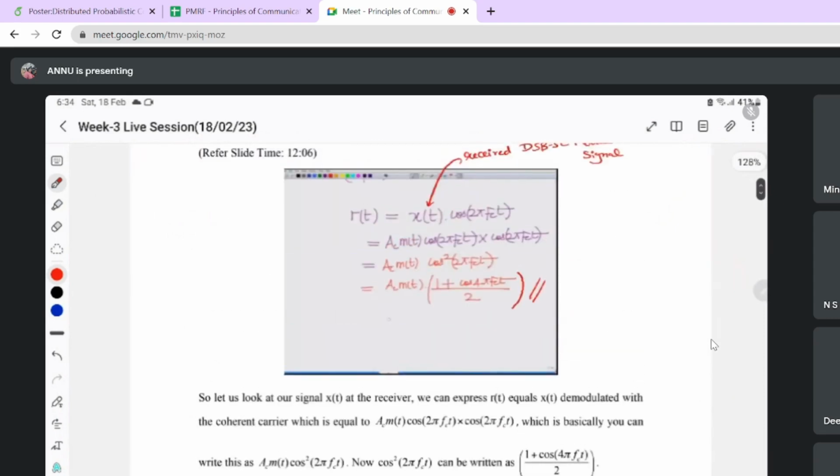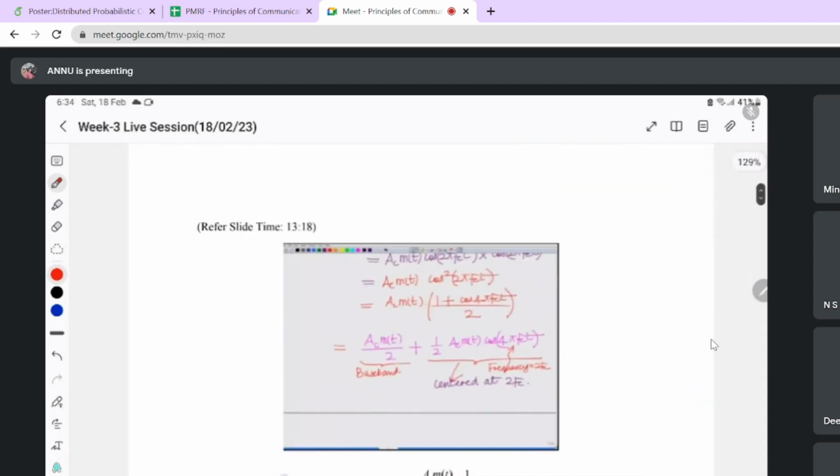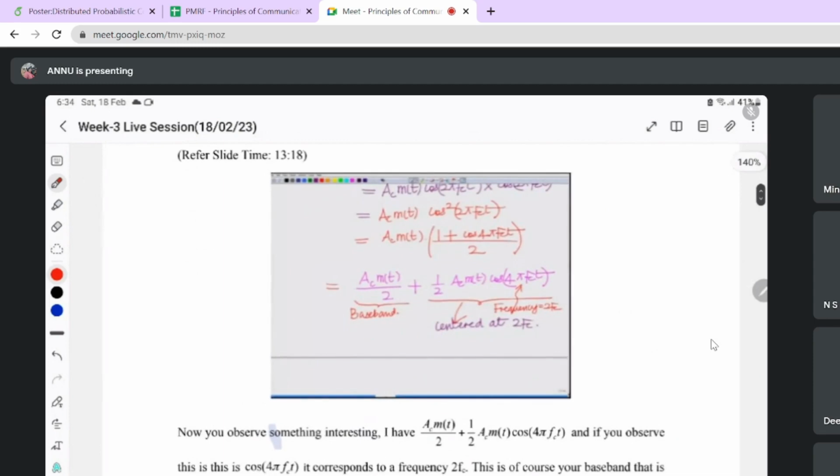We just multiply it with the demodulation carrier: AC M(t) cos 2 pi FCT, cos 4 pi FCT divided by 2, into AC cos 2 pi FCT, same frequency. Coherent means same frequency, this one and this. So further simplifying, we will get this.